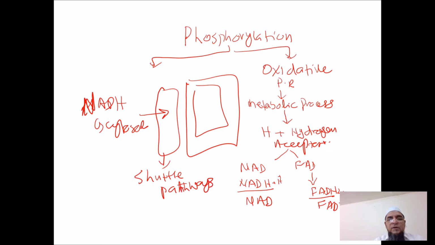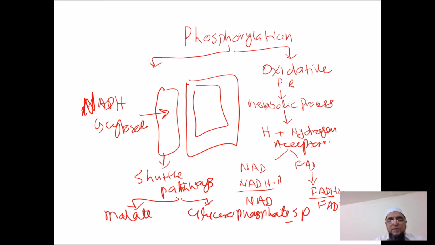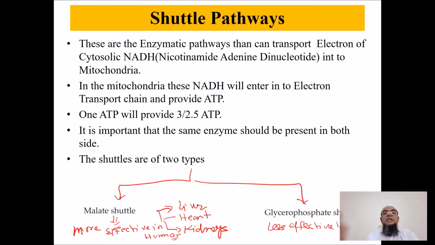There are two shuttle pathways. One is the malate shuttle pathway, another is the glycerophosphate shuttle pathway.